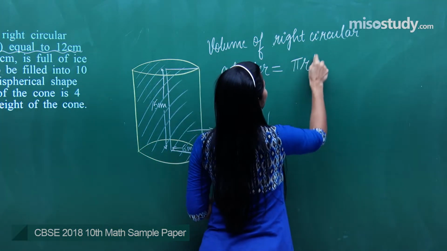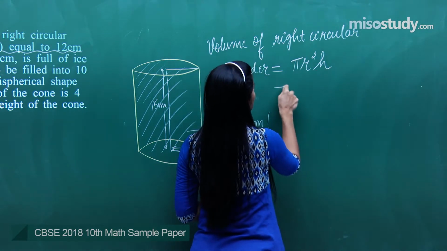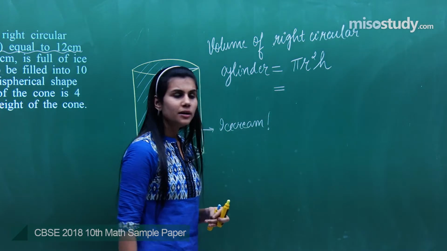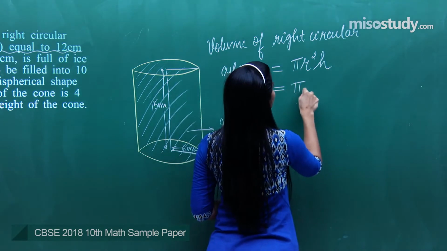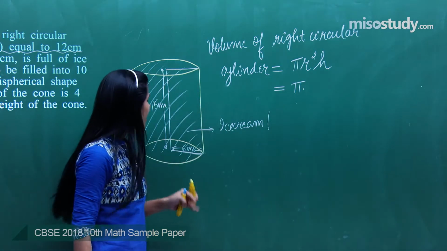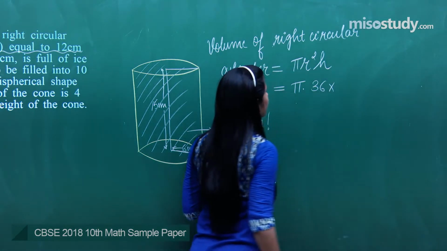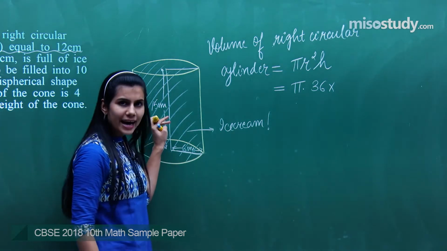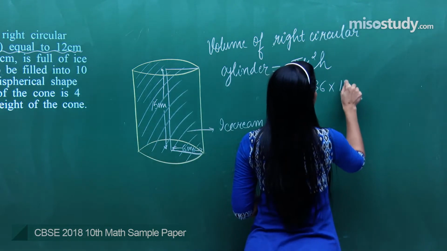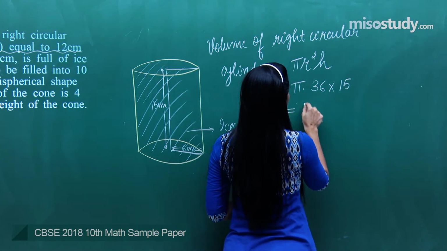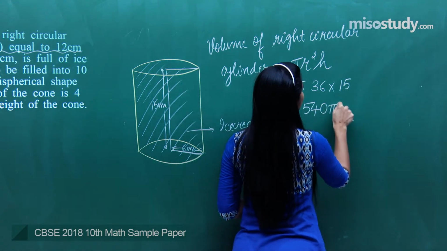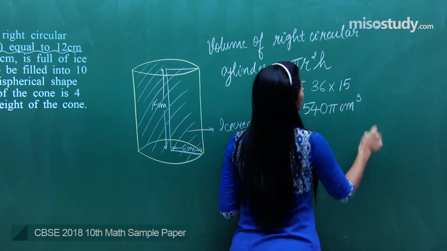What is the volume of the right circular cylinder? It is pi r square h. You know already the formula. So over here you have pi. What is your r square? It is 6 square, which is 36, multiplied by your height, which is 15, and so you get 540 pi centimeter cube.